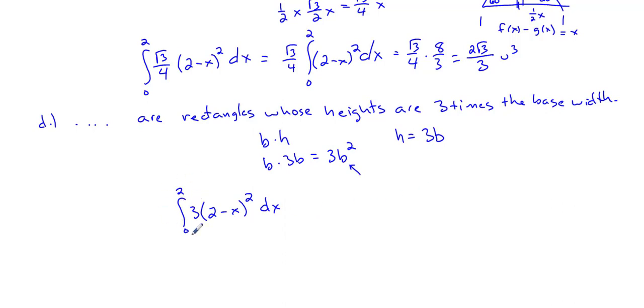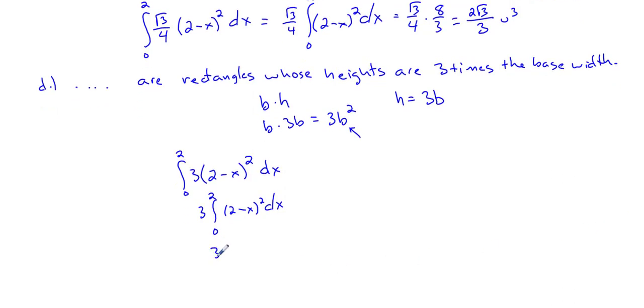We have a constant, move it in front. Since we have something written in a form that we've already found the antiderivative of, just write the answer in now. So it'd be 3 times 8/3, and we get 8 units cubed.